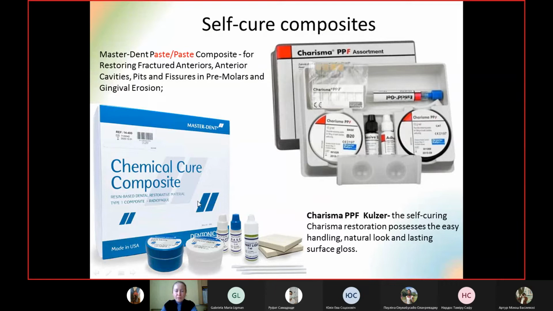And such material, Master Dent, from the company Dentonics, has a similar set: paste, base and catalyst, adhesive system, but the etching agent is liquid. Here it is a gel in a syringe, but in this material the etching liquid is in a bottle, so it's liquid. Similar indications as for Charisma.